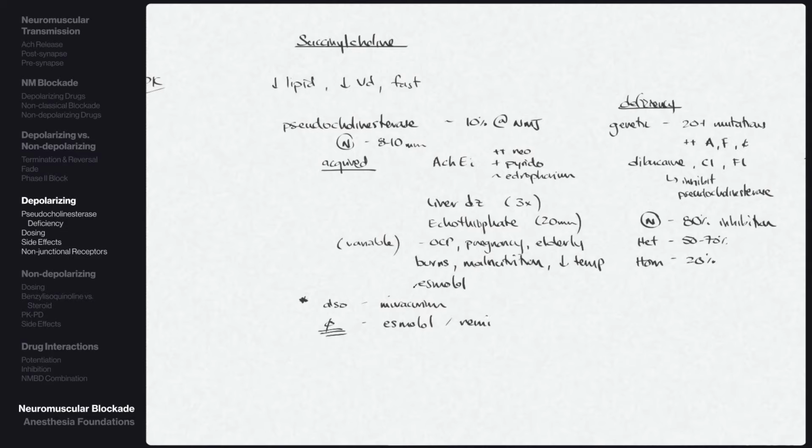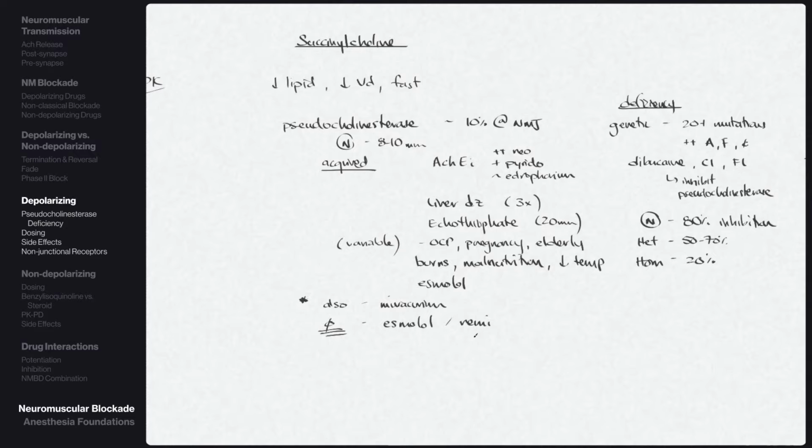Even though esmolol can potentially cause a partial pseudocholinesterase deficiency, it itself isn't broken down by pseudocholinesterase, but by general plasma cholinesterases in the blood. And so is remifentanil. Both of these are essentially not affected by these types of deficiencies. This might even be seen on a test where they may ask you whether these types of deficiencies might affect it, and essentially, these are not.